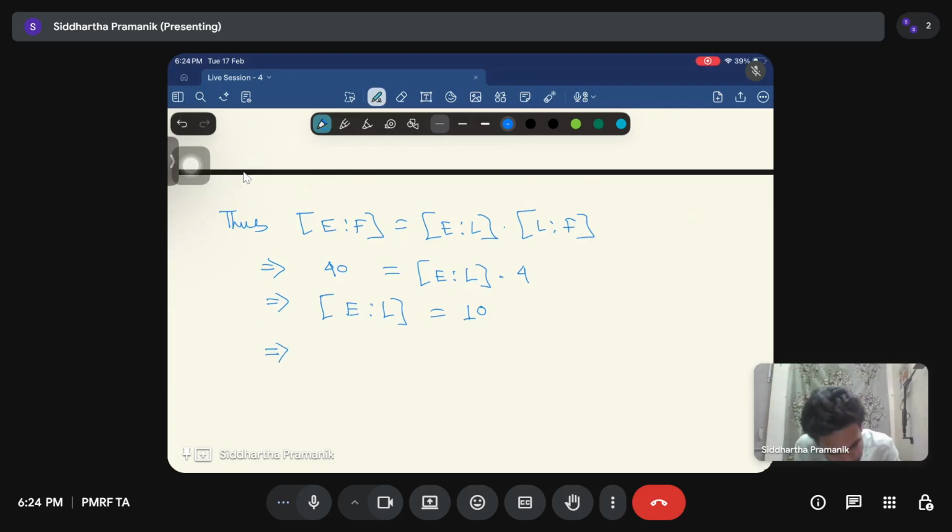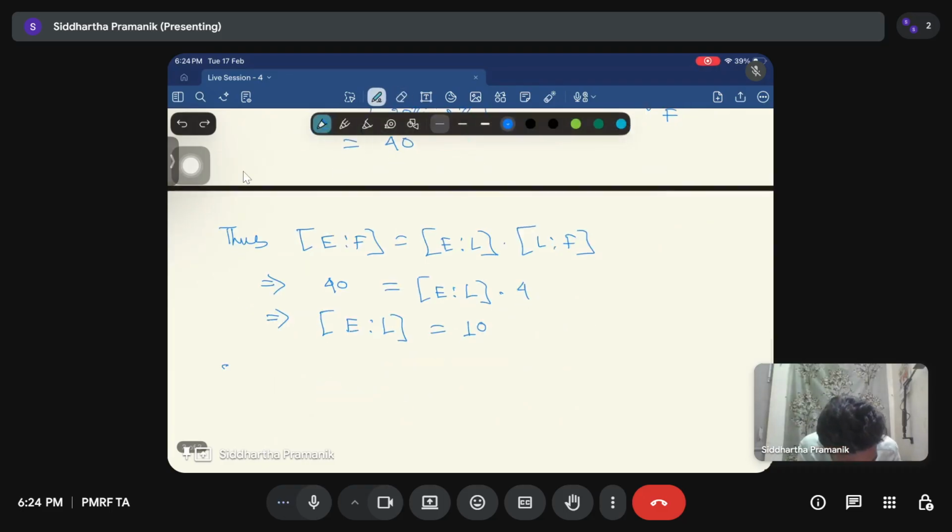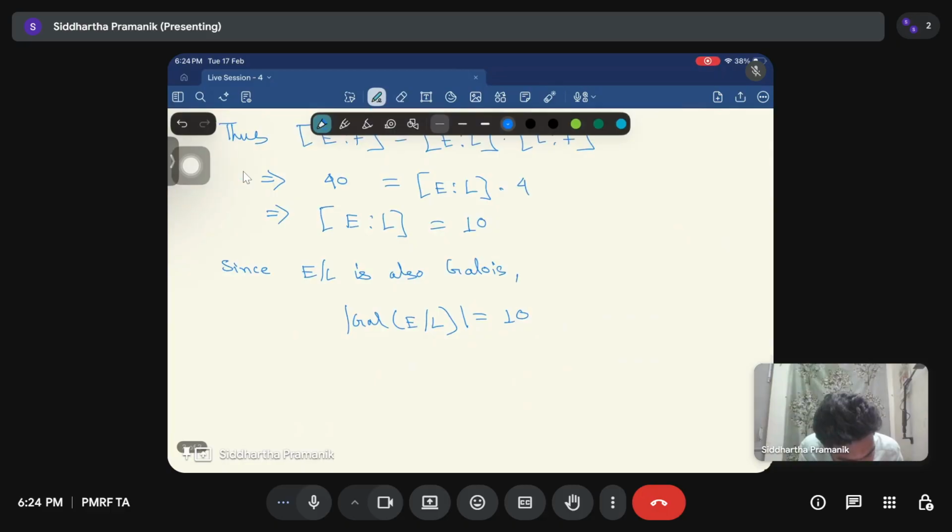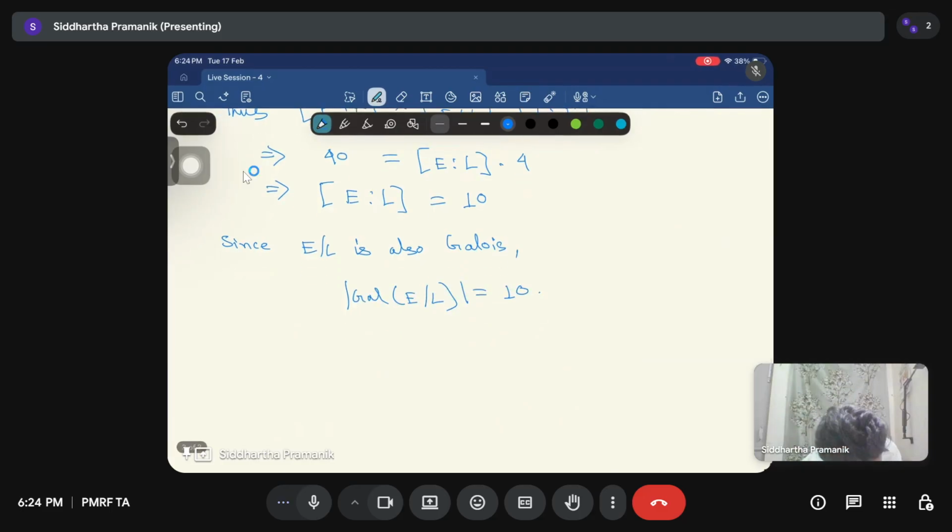Since E over L is also Galois, the cardinality of the Galois group of E over L is also 10. This is from the characterization of Galois extensions. Now we need to find the number of such intermediate fields.